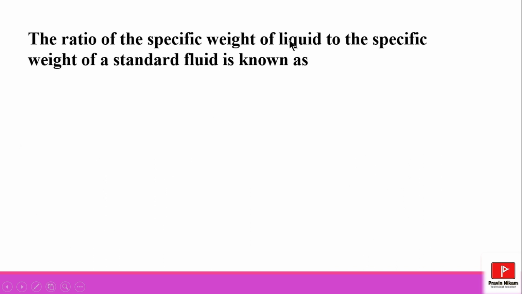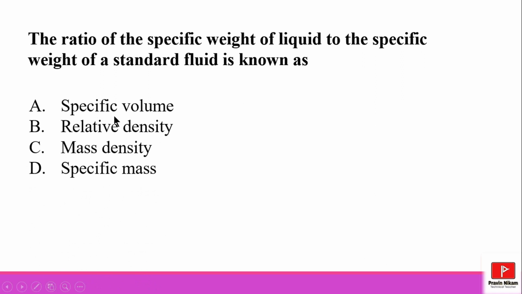Now see the next question. The ratio of the specific weight of a liquid to the specific weight of a standard liquid or standard fluid is known as. Now this is the property of fluid known as specific gravity. Now see the options: specific volume, relative density, mass density, specific mass. But in the options there is no word specific gravity. Then which option is correct? We should know the another name of specific gravity: it is also called relative density.